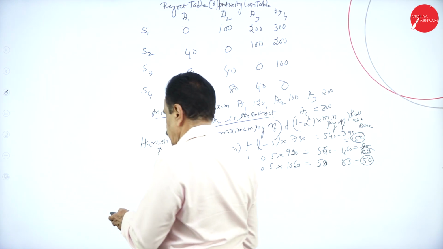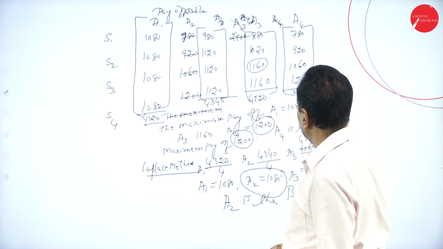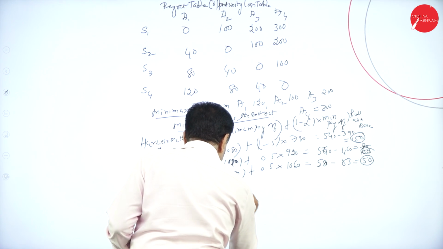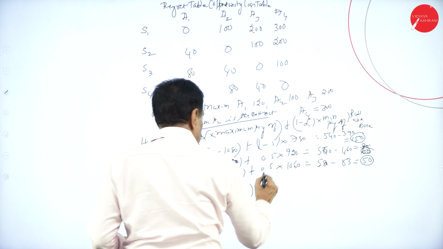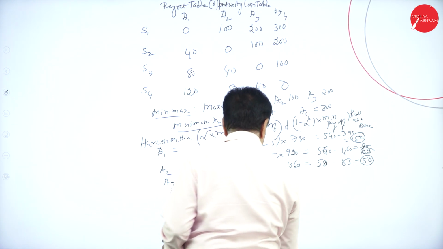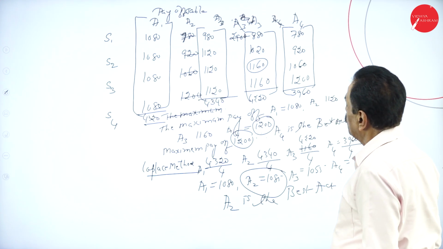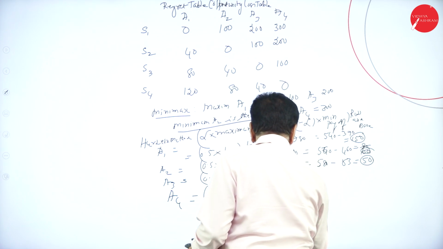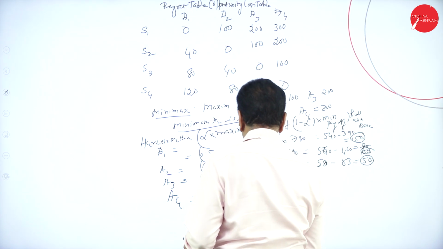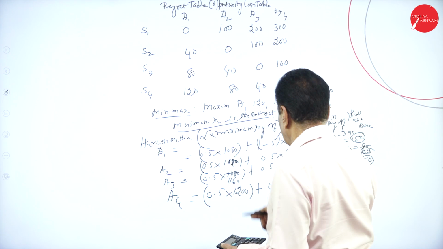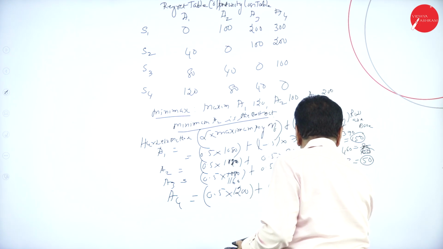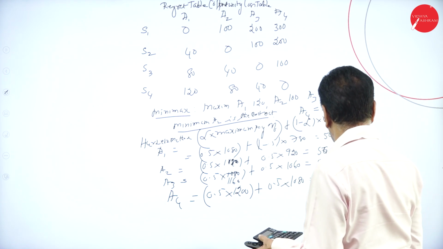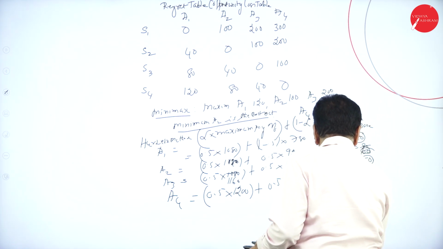A4, 0.5 into maximum payoff 1200 plus 0.5 into minimum payoff 1080. 1200 into 0.5 is 600, 0.5 into 1080 is 540.